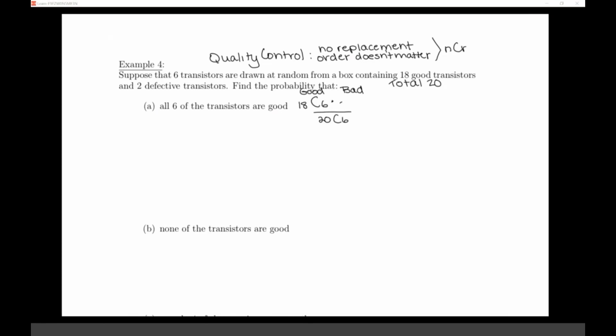There are 2 defective ones, and we don't want to pick any of those. So that's how we would build that probability fraction. Once we get to this point, it's strictly a calculator question. So the interesting part is done by the time we get here, so I'm not going to work it out.